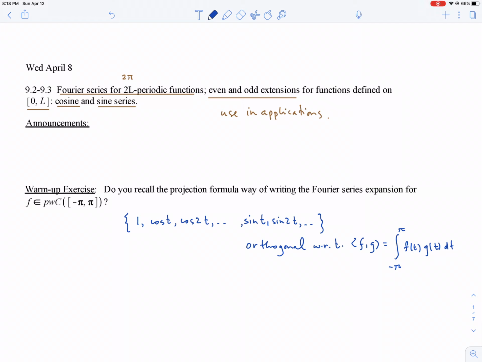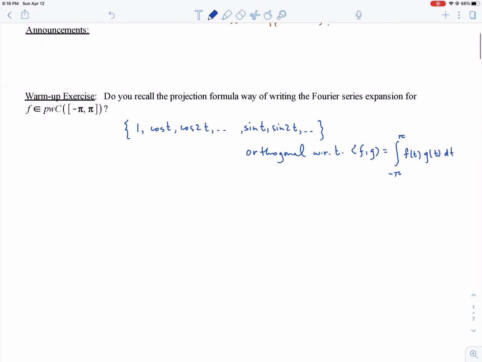And so when we projected onto the span of 1, the first n cosines and the first n sines, we had this projection formula, and that led in the limit to the Fourier series that we wrote as a naught over 2 plus the sum as n goes from 1 to infinity of a_n cos nt plus the sum as n goes from 1 to infinity of b_n sine nt.